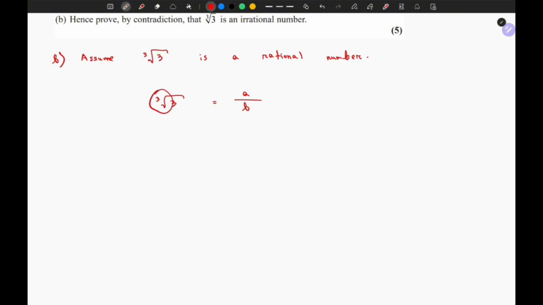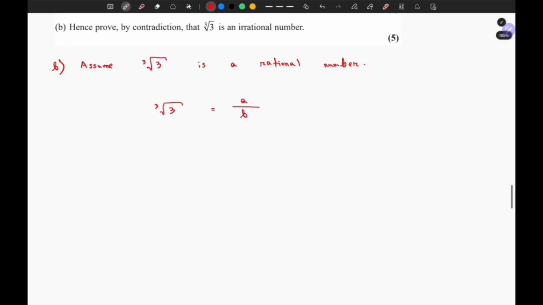Now if you take this cube root 3, if you take this cube root, move it to the right hand side of the equation, so this becomes whole cubed. So this is a cubed over b cubed. Now if you make a cubed the subject, this becomes 3b cubed.